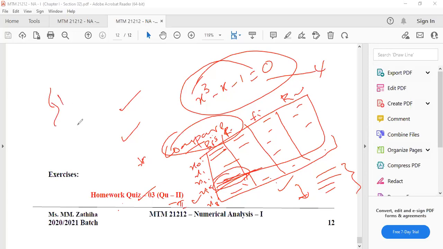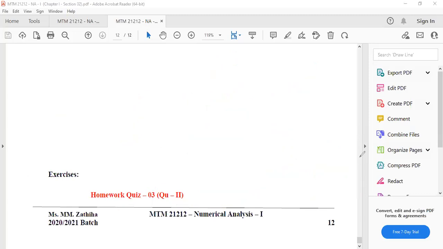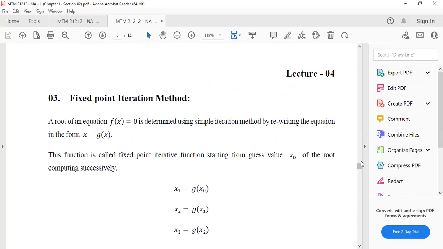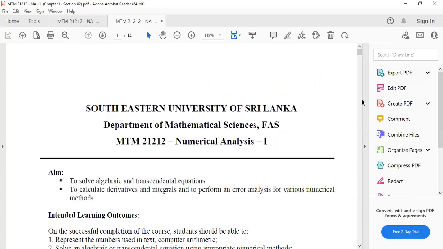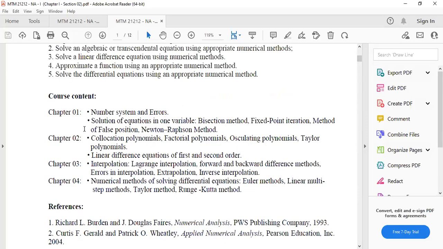Chapter 1 has finished. What we have seen so far in chapter 1 is the number system, what is error, and solving nonlinear one-variable equations using the bisection method, fixed point iteration, method of false position, the regula falsi method, as well as the Newton-Raphson method.